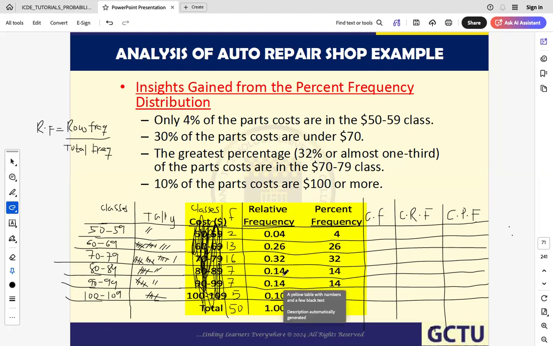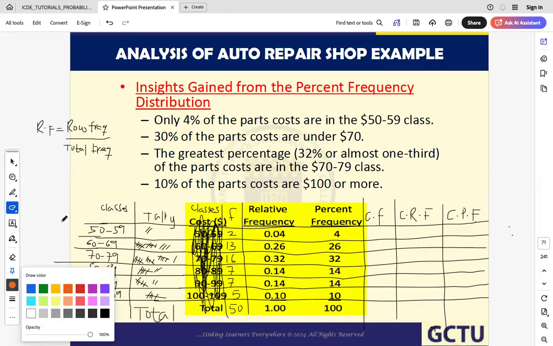And like I said in the first example, when you add all the relative frequencies, your total should be 1.00. That is what can guarantee you that what you have done is correct. Then you change the relative frequencies to percent frequency like we did.